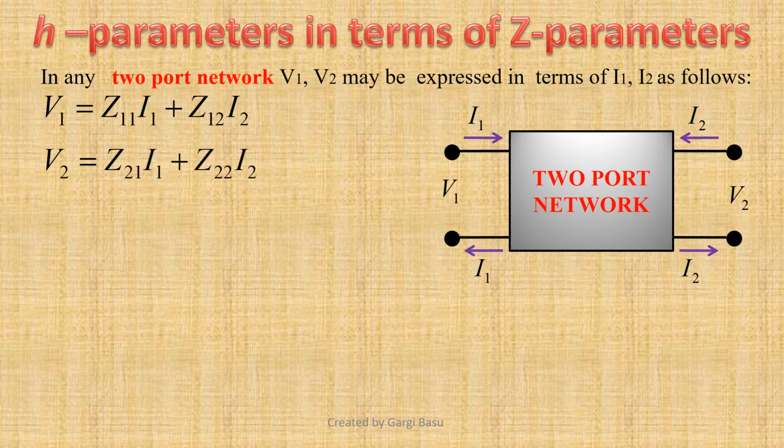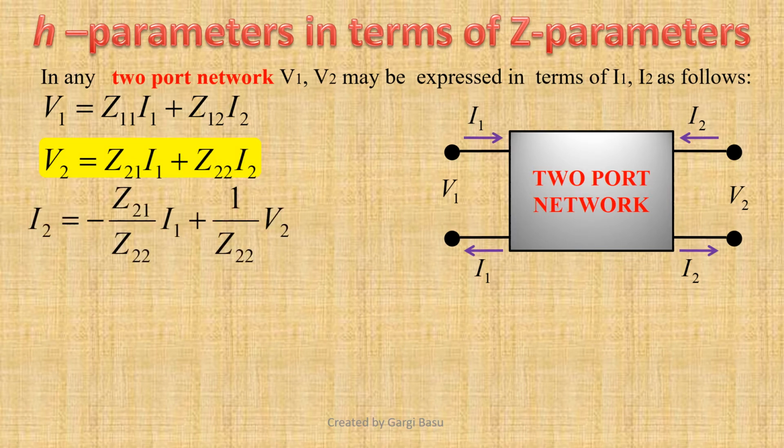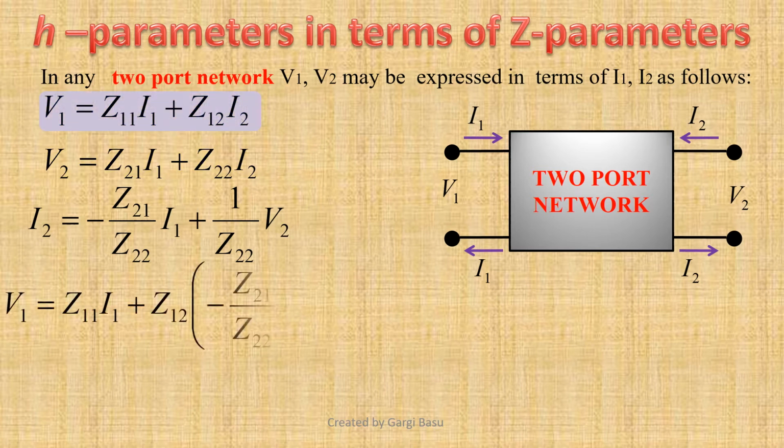By rearranging the second equation, we get I2 equals minus Z21 by Z22 times I1 plus 1 upon Z22 times V2. By using this expression in equation number 1, we get V1 equals Z11 I1 plus Z12 times minus Z21 by Z22 times I1 plus 1 upon Z22 times V2.